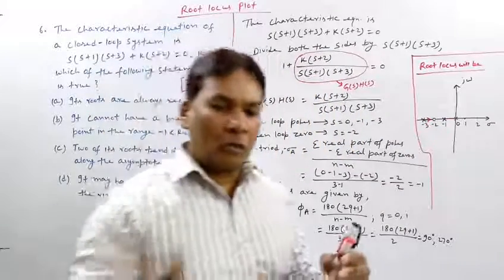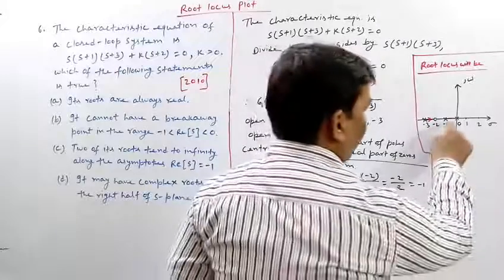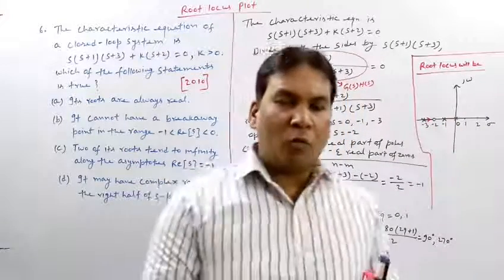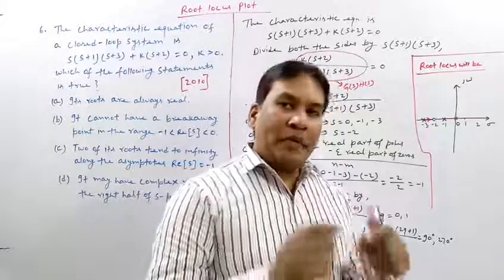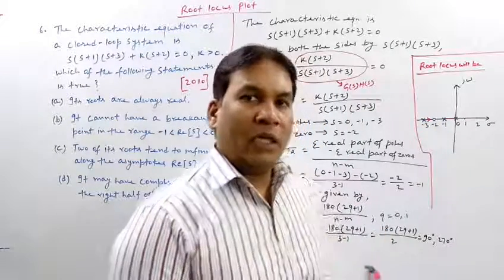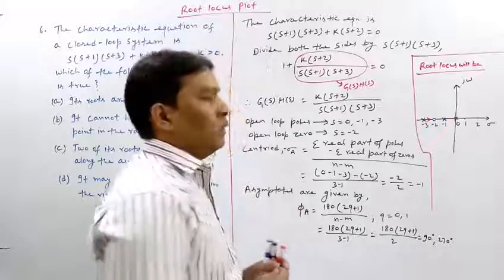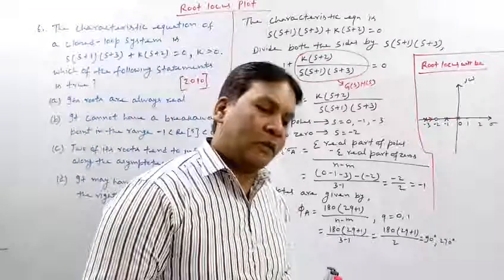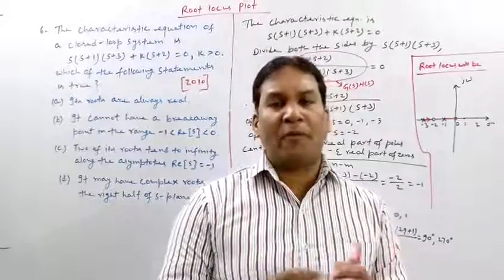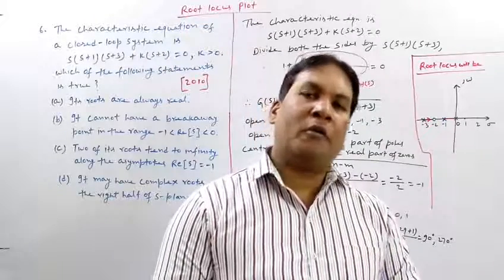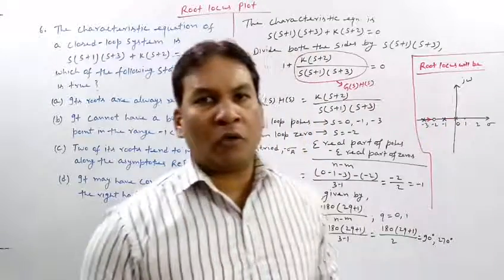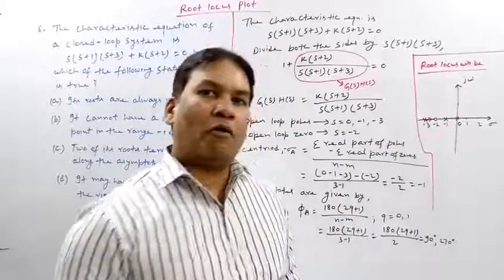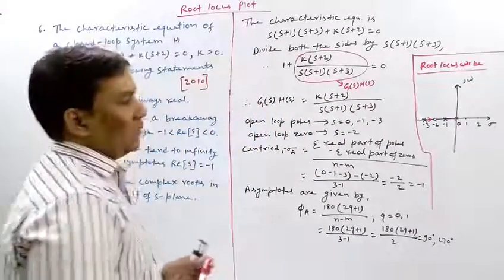Both branches will meet somewhere between -1 and 0, and after meeting at that point they will break away and go towards the asymptotes, following the asymptotes at infinity.